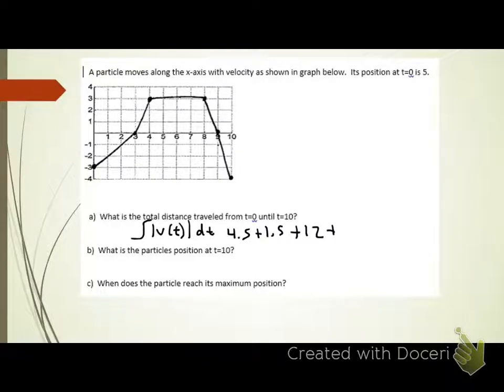It's also 1.5, plus, that's a 1 by 4, so half of 4 is 2. Who said minus? It's total distance traveled. It's the absolute value. If it was position, you would do the positives and negatives. And I believe that gives me 21.5.